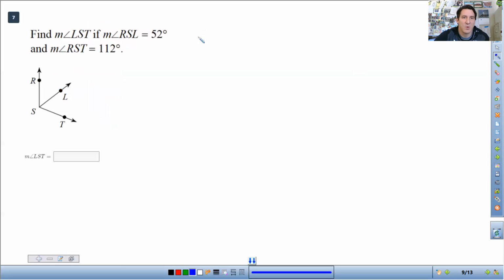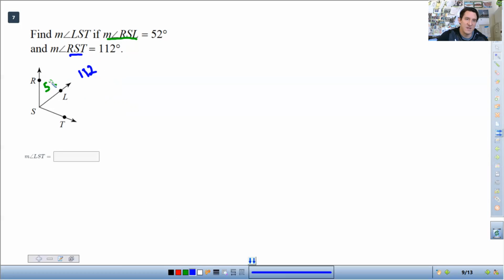So here, let's look at the next one. Measure of angle RSL is 52 degrees. So let's label things. So RSL, I'll underline it here, RSL 52. RST, so RST is the whole angle together. That's 112.